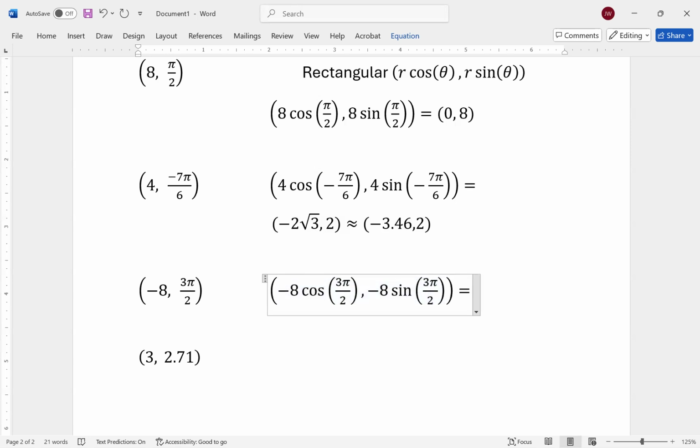By the way, with 3 pi over 2, when you plug that into cosine, you get 0. When you plug that into sine, you get negative 1. So negative 8 times negative 1 gives you a positive 8. Notice that we got the exact same point we did in our first calculation. We got the x coordinate to be 0 and the y coordinate to be 8. But we used a different r and a different angle.